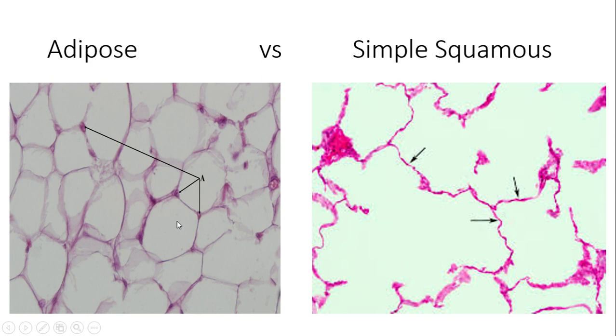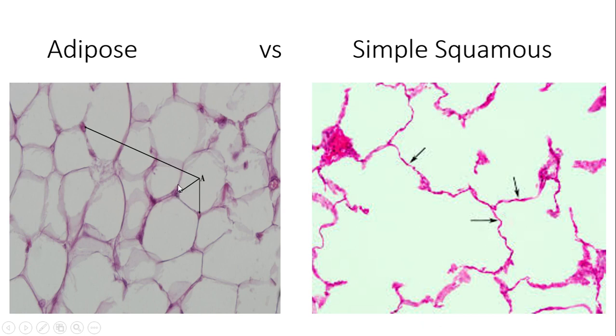But the most important thing when looking at the orientation is that you see nucleus after nucleus after nucleus in simple squamous. You do not see that in adipose. In adipose, these cells are much bigger, and the nuclei are going to be in further areas, separated.